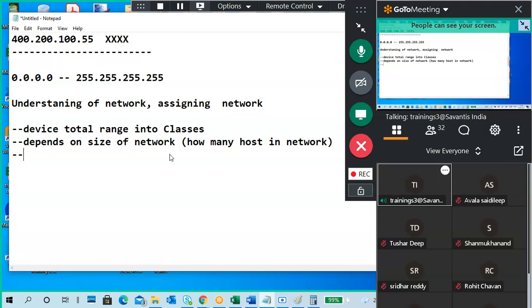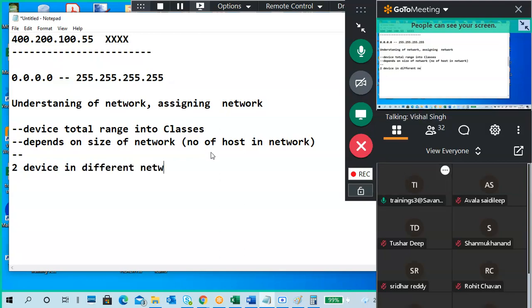Two devices in different networks, can they have the same IP address? Yeah, maybe. For example, my IP address is 192.168.2 something like 224.